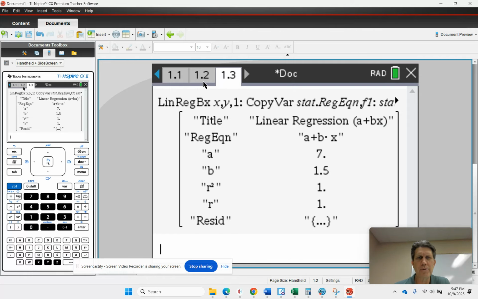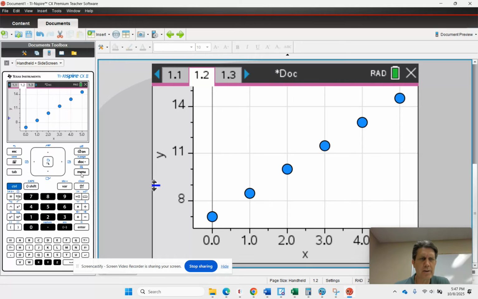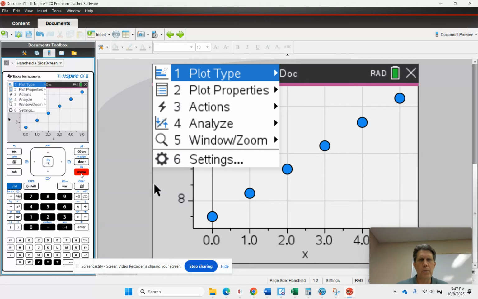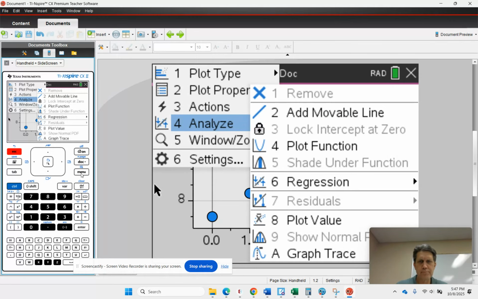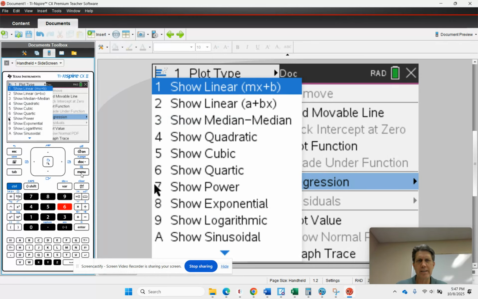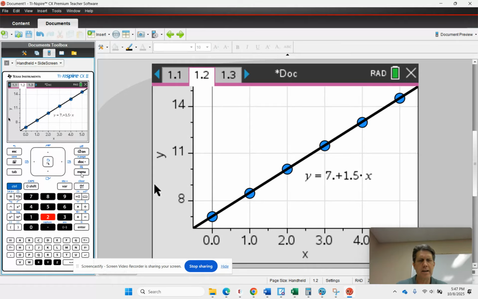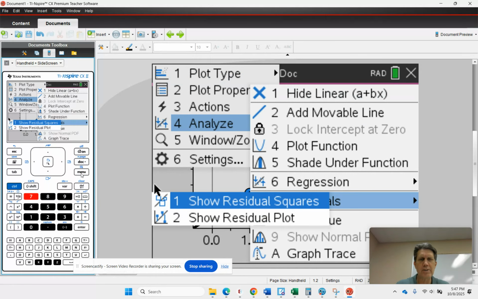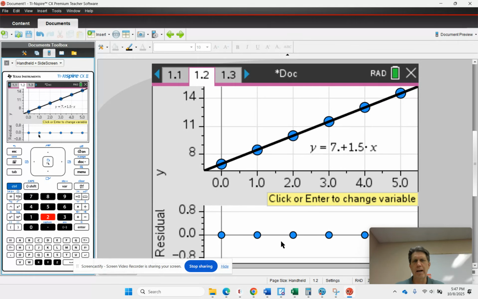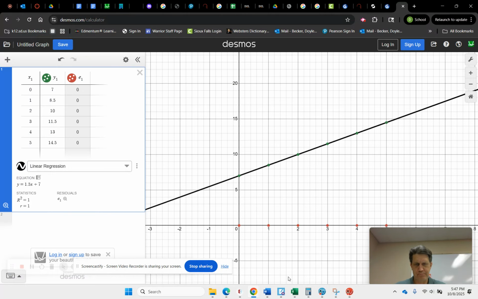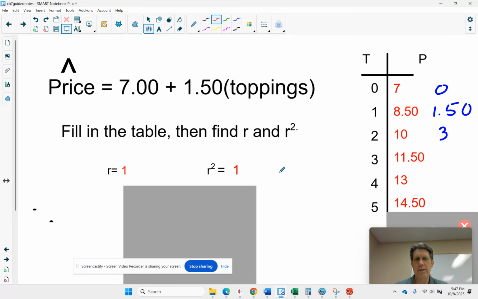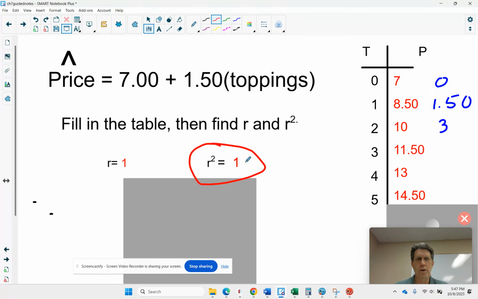If you're plotting the residuals on the Inspire, you have to go menu 4, 6, 2, show the linear regression, and then menu 4, 7, 2, you have to add the residual plot, and none of the residuals are away from the line. So whether you're using Desmos or the Inspire, you get the same thing. You get that r squared is 1.